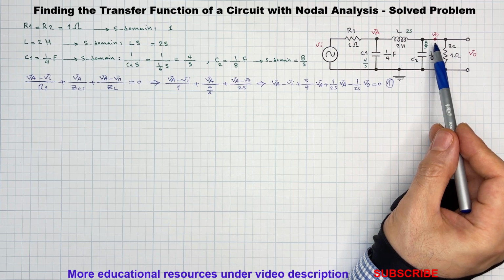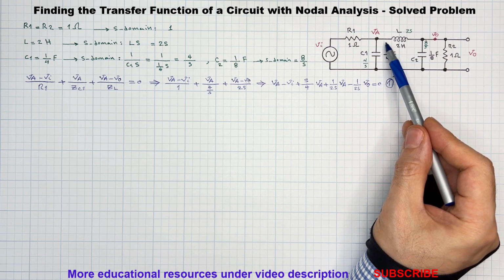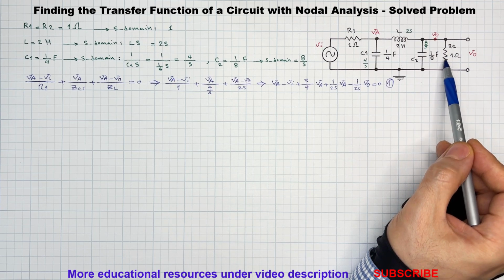At the output node, we also have 3 currents leaving from node A through the inductor, through the 8 over S capacitor to the ground, and through the 1 ohm resistor to the ground.